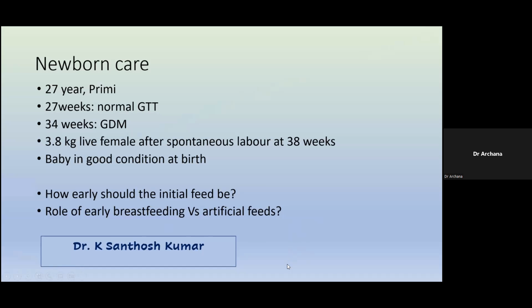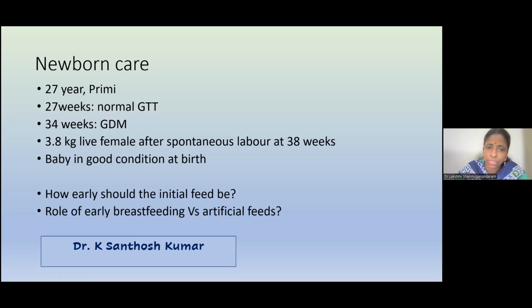Yes, ma'am. So the newborn care is extremely important in this particular condition because not only have we learned about how to screen, how to monitor in pregnancy and bring a safe timing to delivery, but we still have to watch the baby even in a well-controlled gestational diabetes.